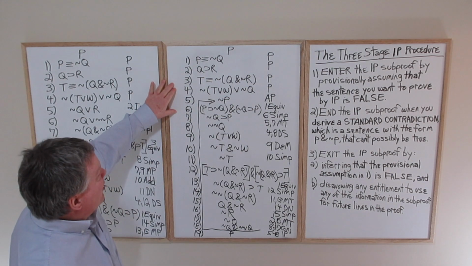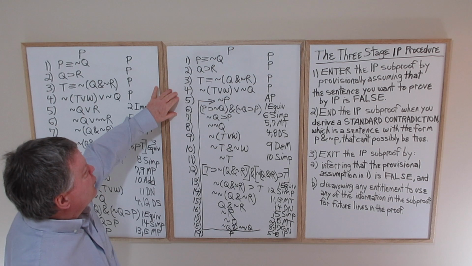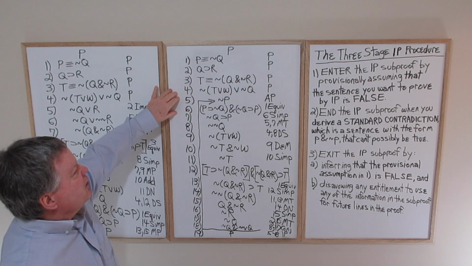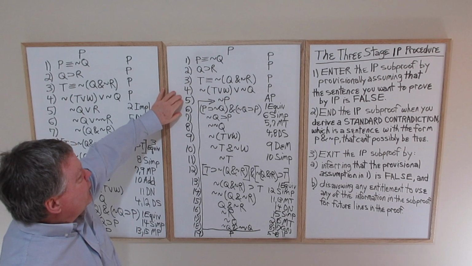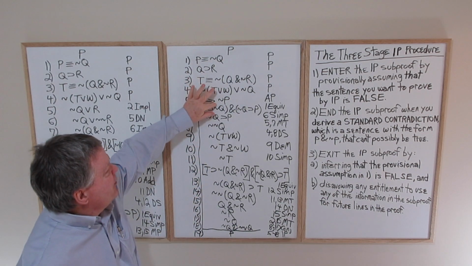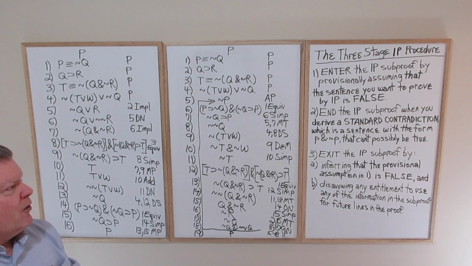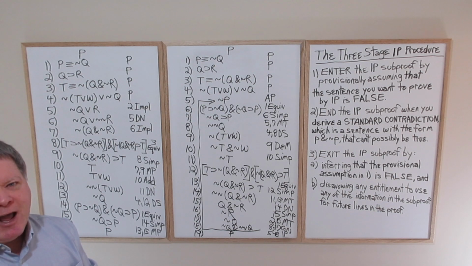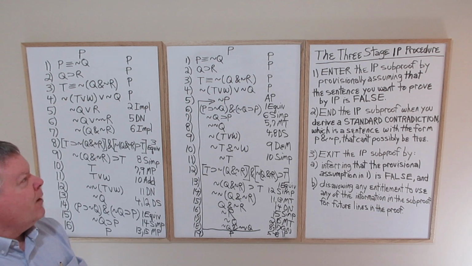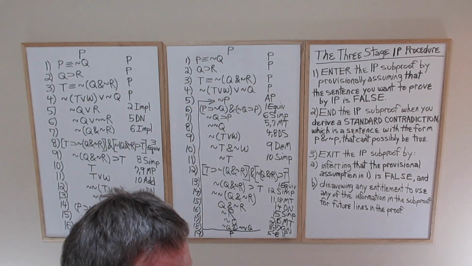The key tip-off, though, that an IP subproof is probably not going to be too helpful is the fact that the additional information we get from the provisional assumption that starts the subproof doesn't really give us any sort of advantage. In any case, you always have to keep that in mind.